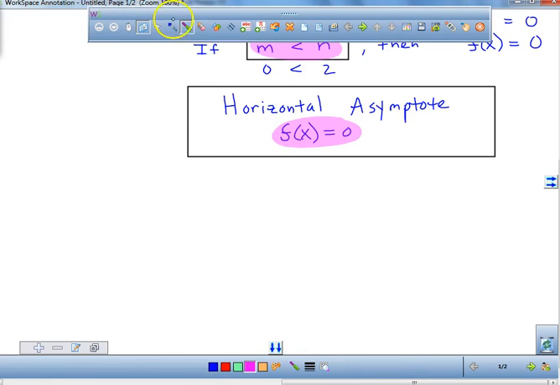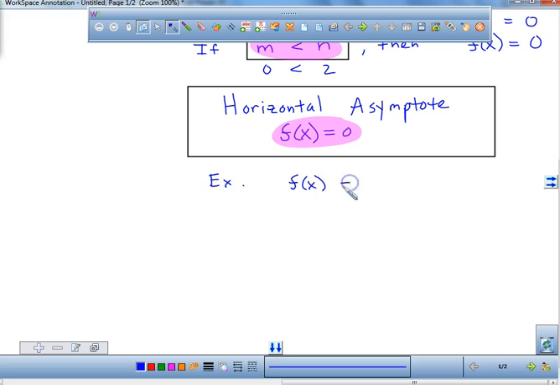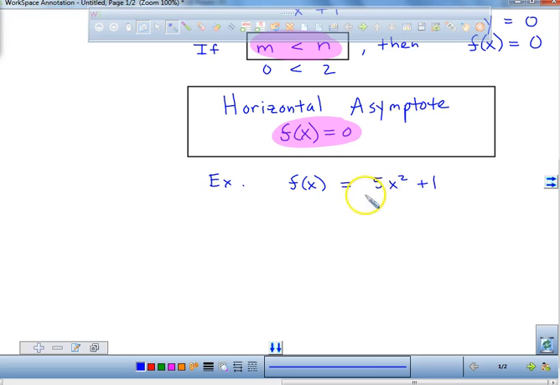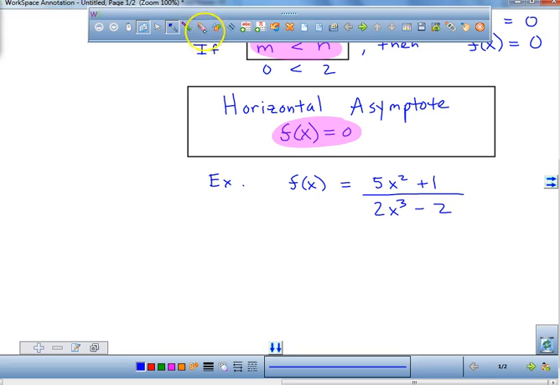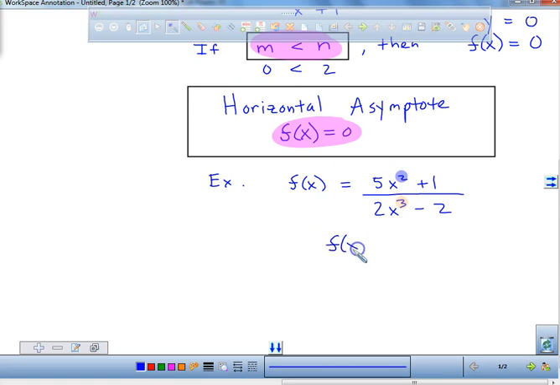All right, here's one more example. If I had f of x equals 5x squared plus 1 over 2x cubed minus 2. All I'm worried about is this exponent in comparison to this exponent. Because right here, 2 is less than 3, my horizontal asymptote would be at 0.